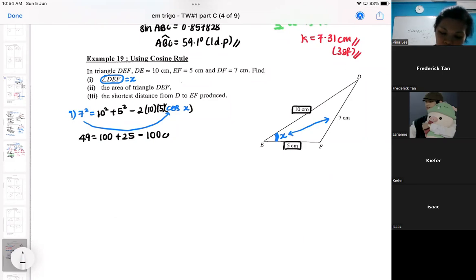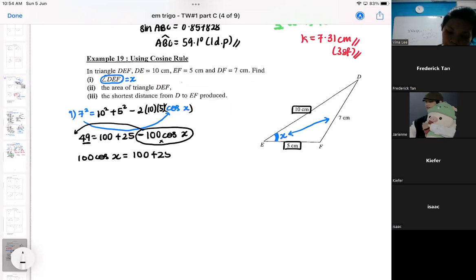So the 100 is multiplied to cosine X, so you should move the 100 over to the other side, and you move the 49 over. So you should do something like this.